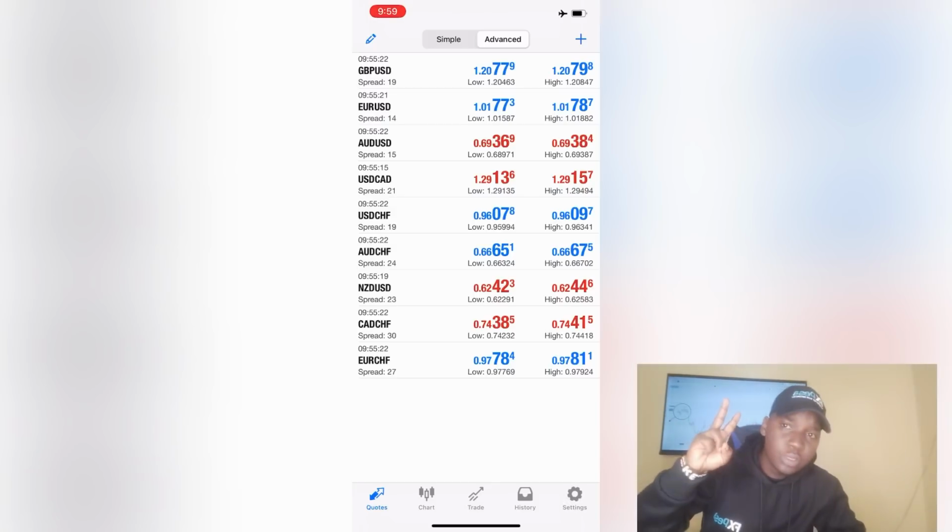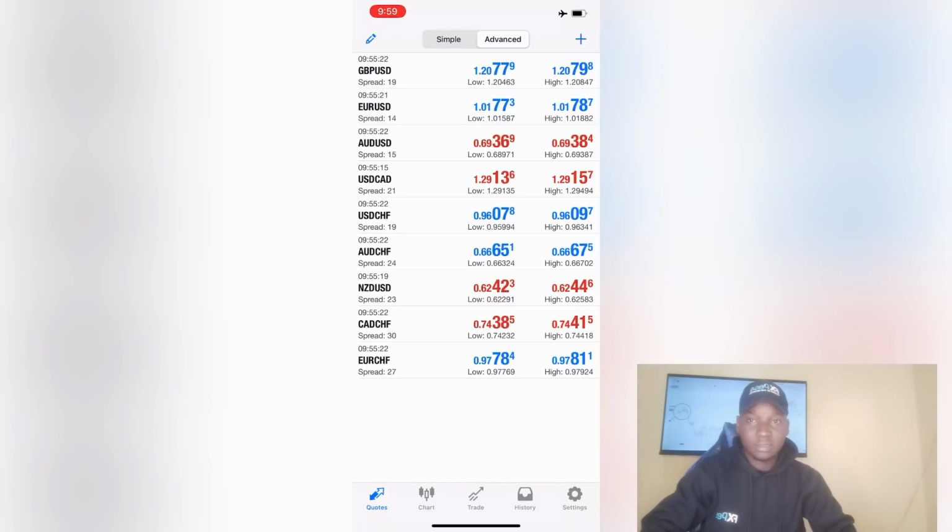So group number two, guys, now we have stock indices. I want you to take note of the difference between the indices that we trade in Forex and the indices that are traded in binary. For me personally, I do not trade binary, and to be honest, I do not know anything about binary.